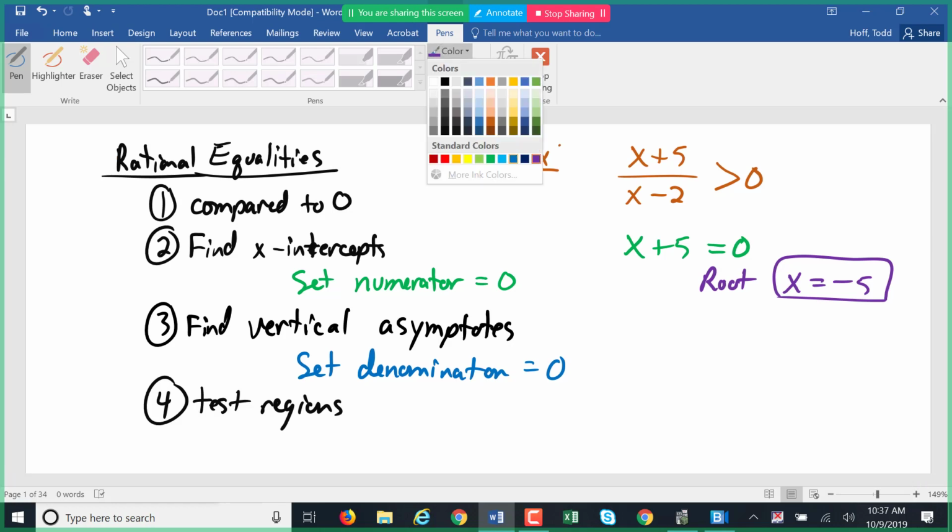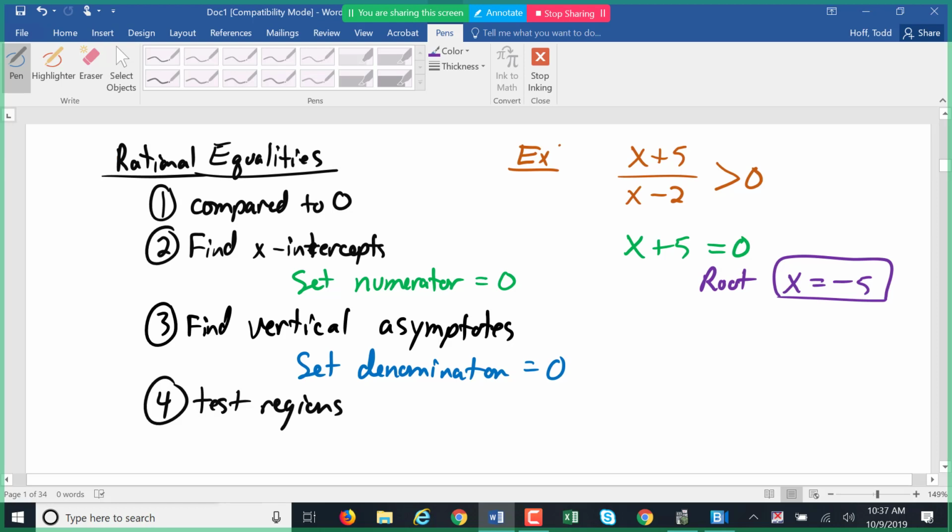I'm going to find any vertical asymptotes. I do that by taking my denominator of x minus 2 and set that equal to 0. Solving that for x by adding 2, I get that asymptote of x equals positive 2.